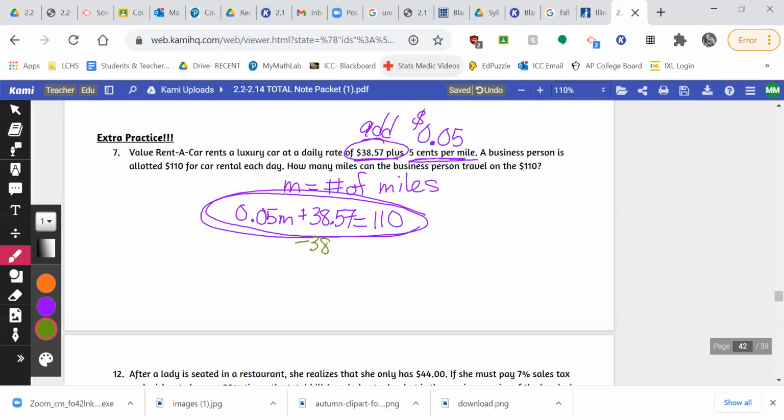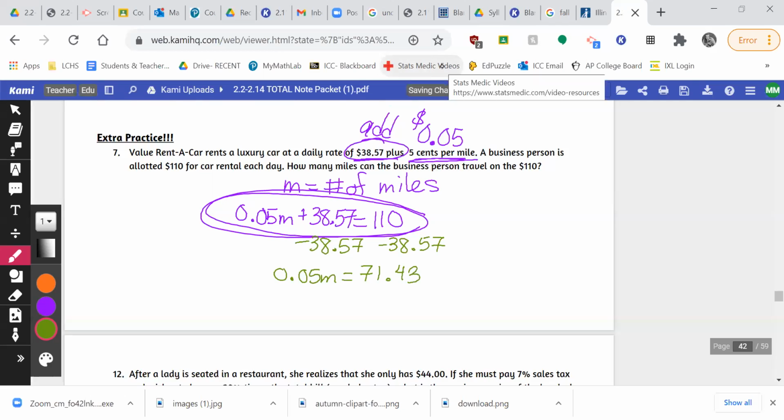I'm going to go ahead and solve it. So I'm going to subtract 38.57 from both sides. So 110 minus 38.57 equals 71.43.